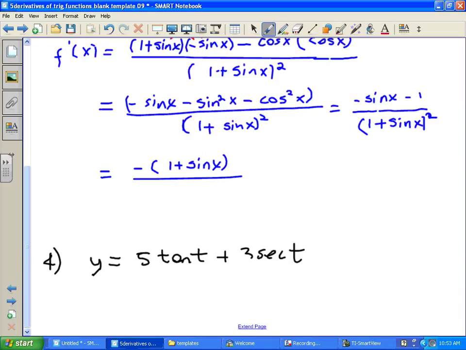All over quantity 1 plus sine x squared. Can I simplify anything here? On the bottom, 1 plus sine x is multiplied by 1 plus sine x, right? One of those can cancel with the one on the top. So we are left with negative 1 divided by 1 plus sine x at the bottom.